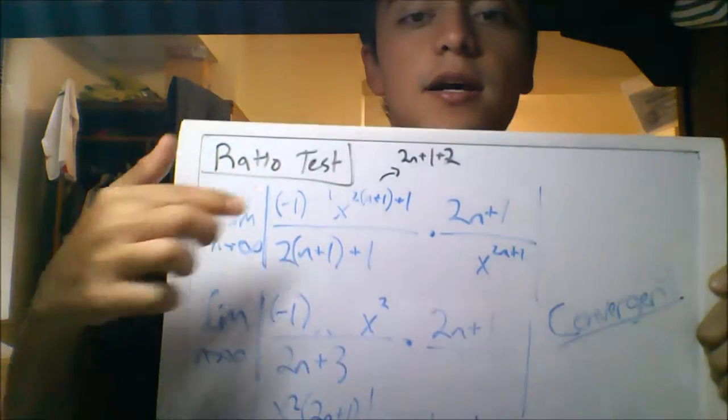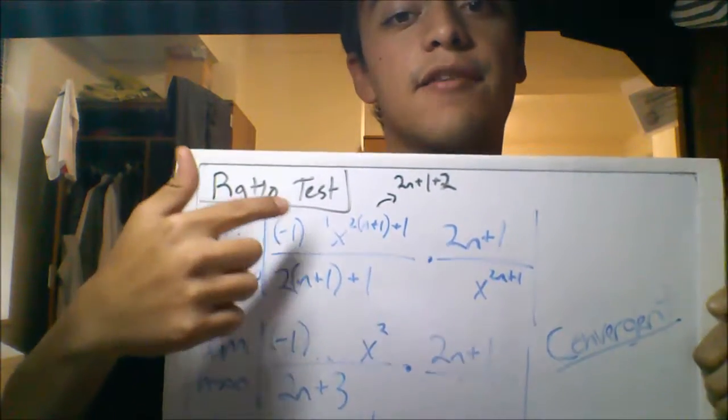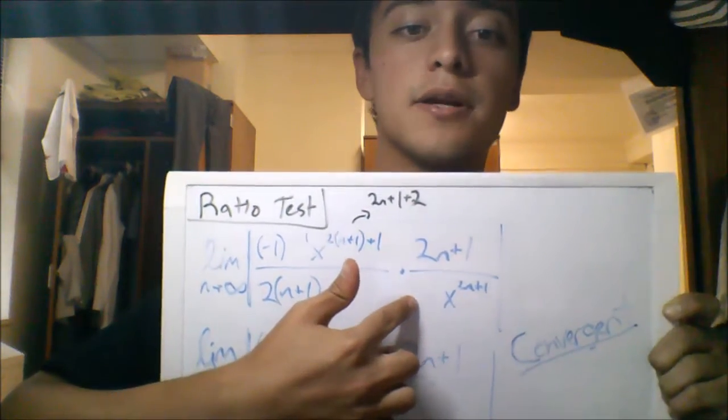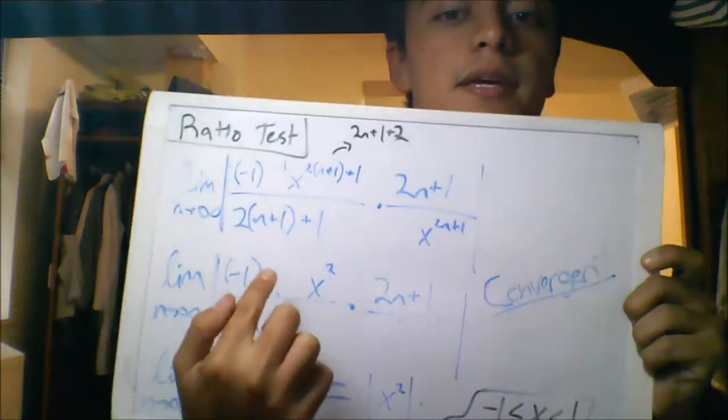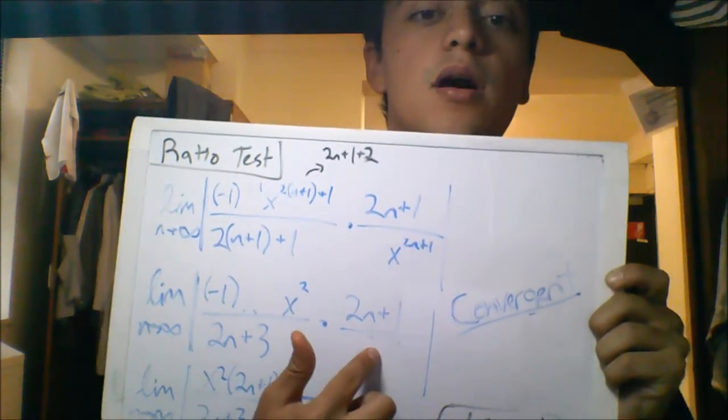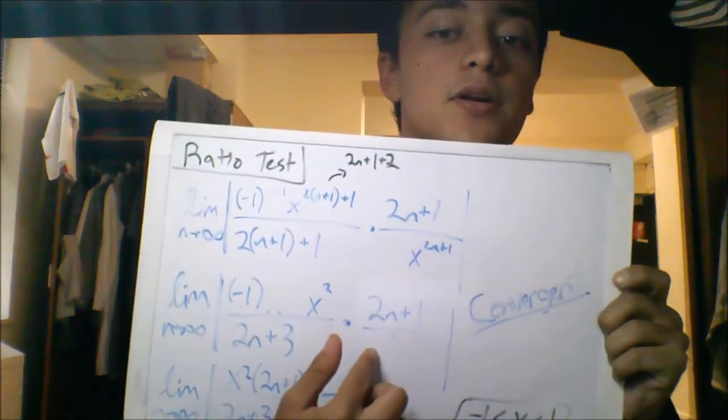As you can see here, I erased the power of n that negative 1 was at, because it was canceled out by the negative 1 to the power of n down here. And the second part, the x to the power of 2n plus 1 from the numerator here was canceled out by the same portion down here in the denominator.